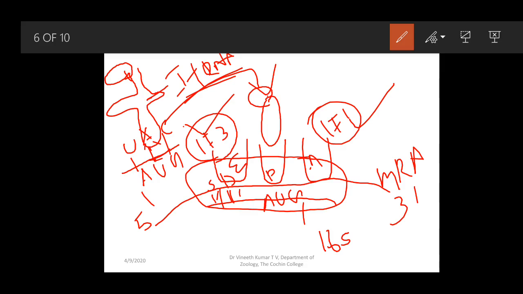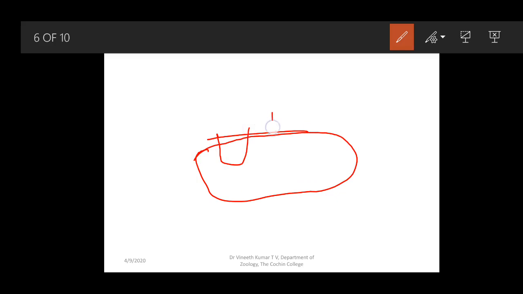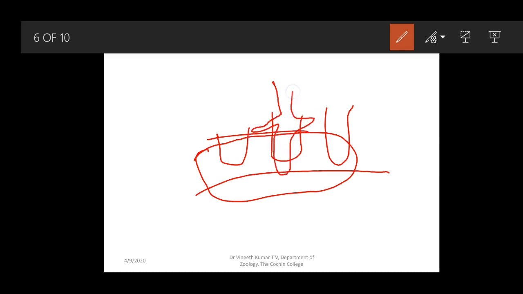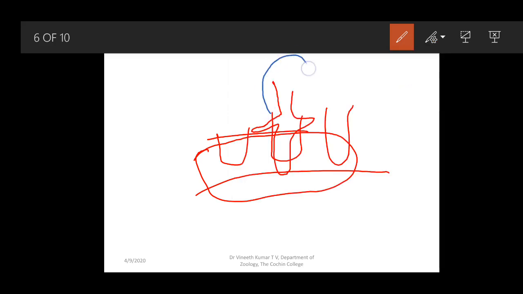So after this process, you will have such a structure: if this is the smaller subunit, these are the three locations, and you have the mRNA here. You will have the tRNA now, which is being paired, and along with this, at this particular site, you will have your IF2 with its GTP molecule.